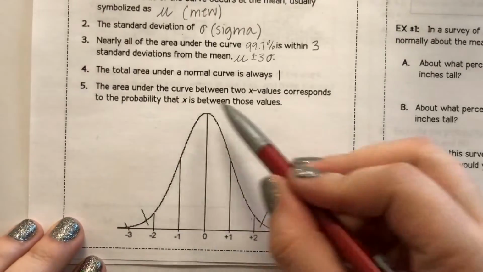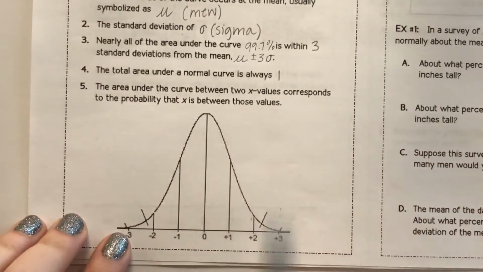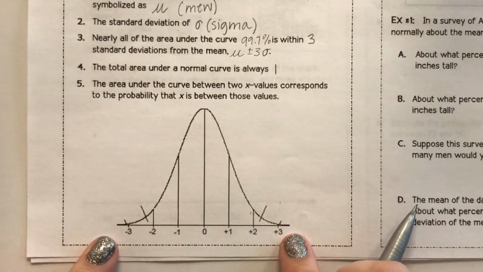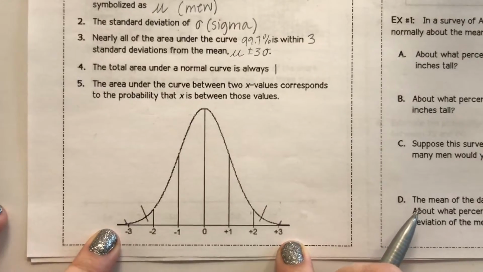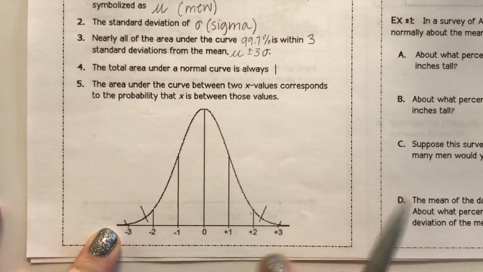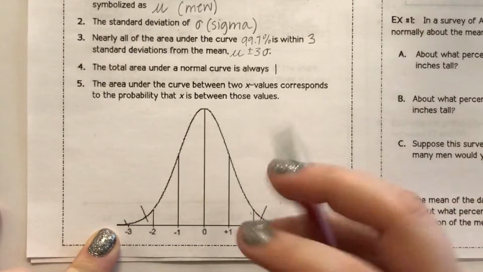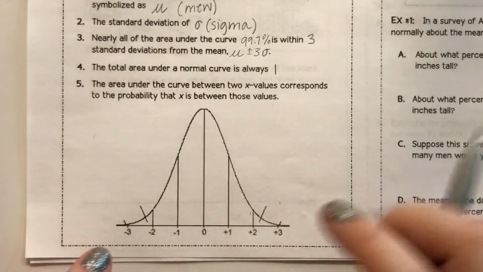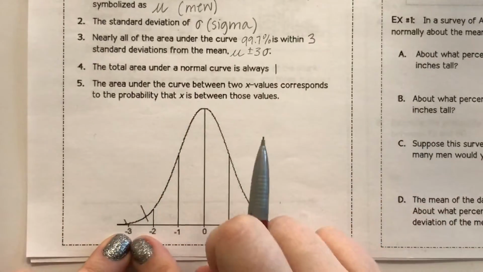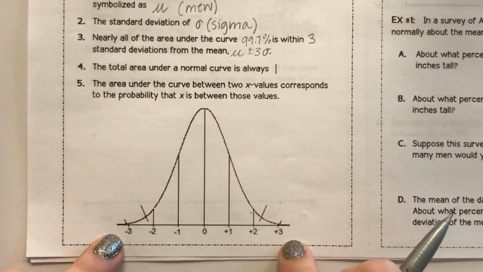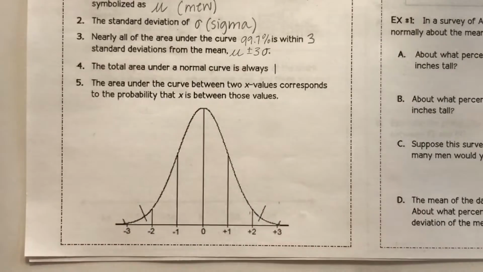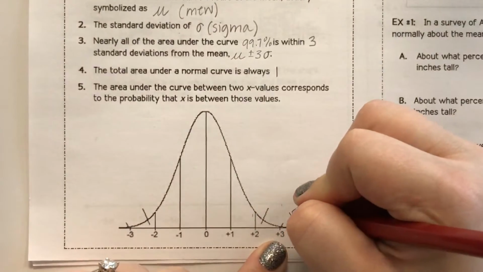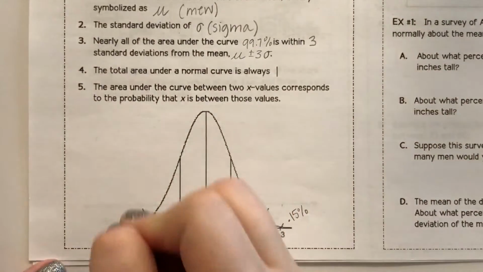Okay, so if 99.7% of your data is between +3 and -3, that means 0.3% exists outside of 3 standard deviations. Okay. And a standard normal curve is always symmetrical, so if you have some percent of data over here, you're going to have the same percent of data over here. So if 99.7% is between -3 and +3, then 0.3% lies outside of it, and if it's split in half, that means outside of +3, there's 0.15% data that's outside there.